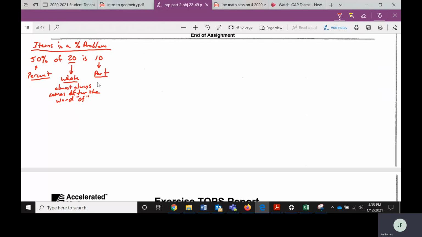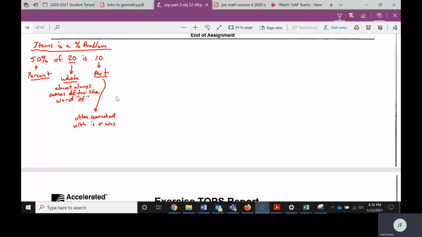But this is often, let me see here, where do I want to write this? So I'm going to draw an arrow here. Often somehow connected with is or was.